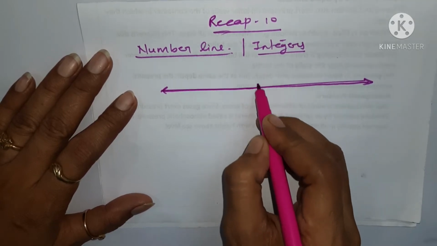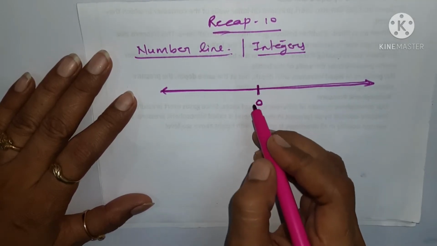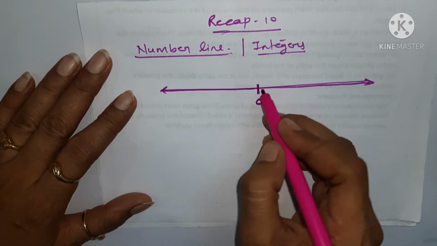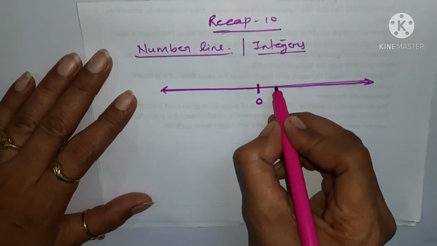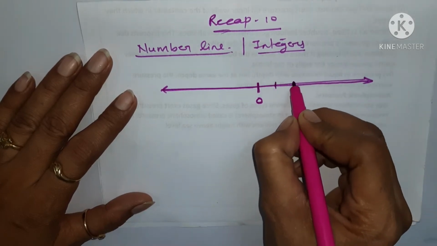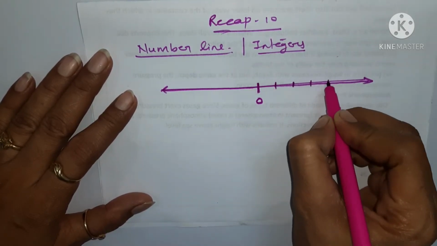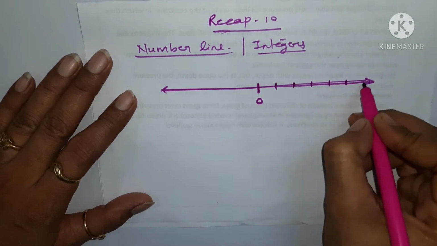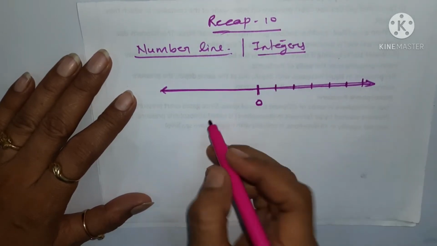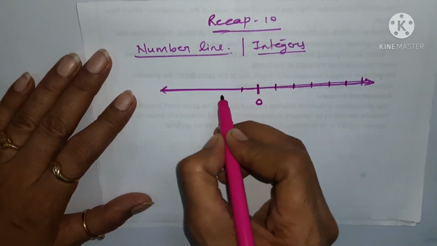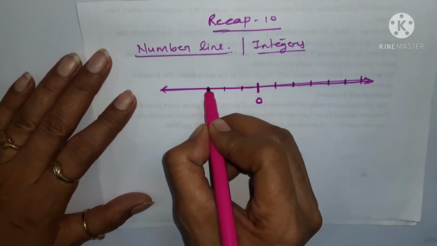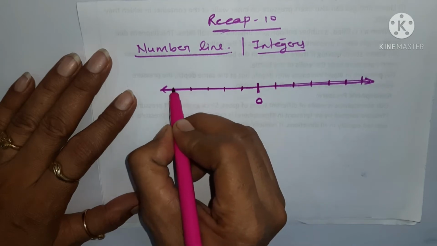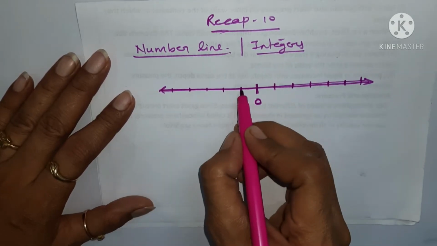The middle part is 0. The midpoint is 0, and towards the right side at equal distances you will get the positive units. Towards the left side at equal distances you'll get the negative markings, the negative numbers.